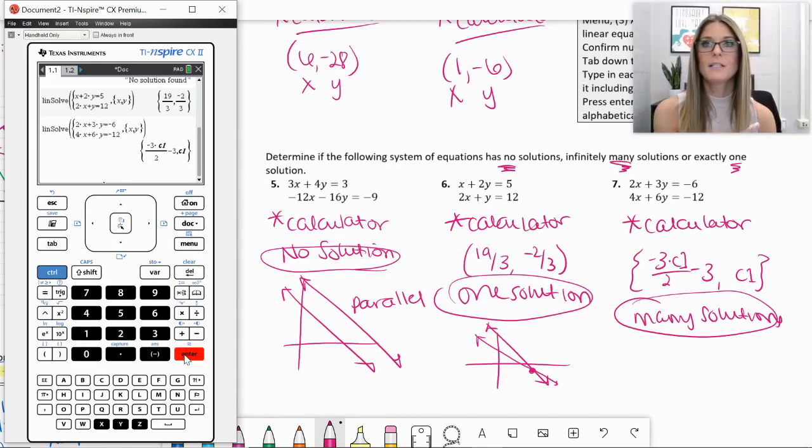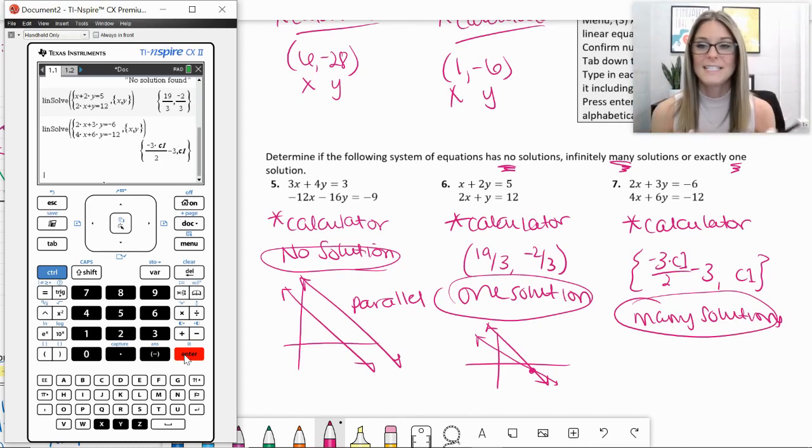Your infinitely many solutions are when your 2 lines are exactly the same. They share every point in common, but it's only every point in common along that line. So when we say infinitely many solutions, we don't mean just any old ordered pair on the coordinate plane. It's got to be a point along that line. Both lines share those ordered pairs. So it's not everything, only the things that they share in common.